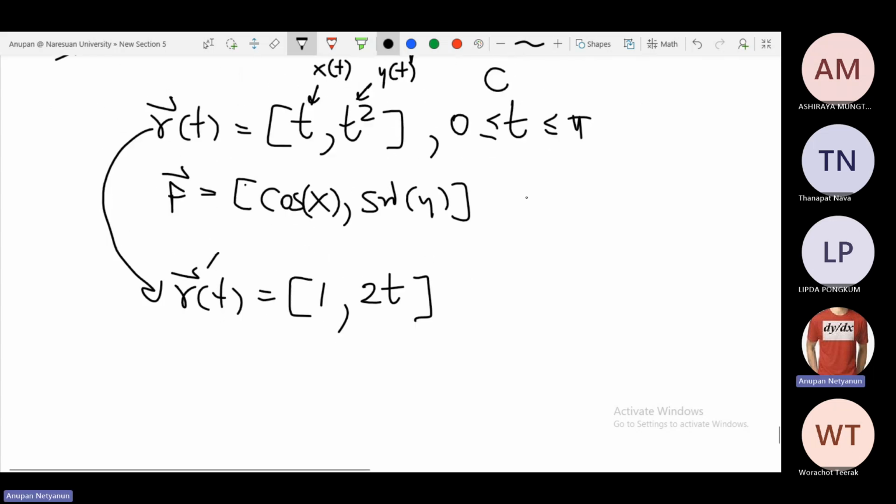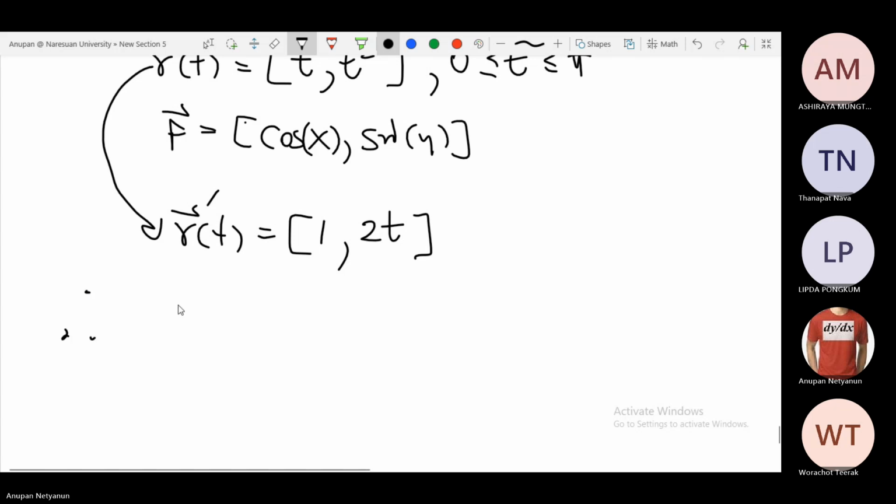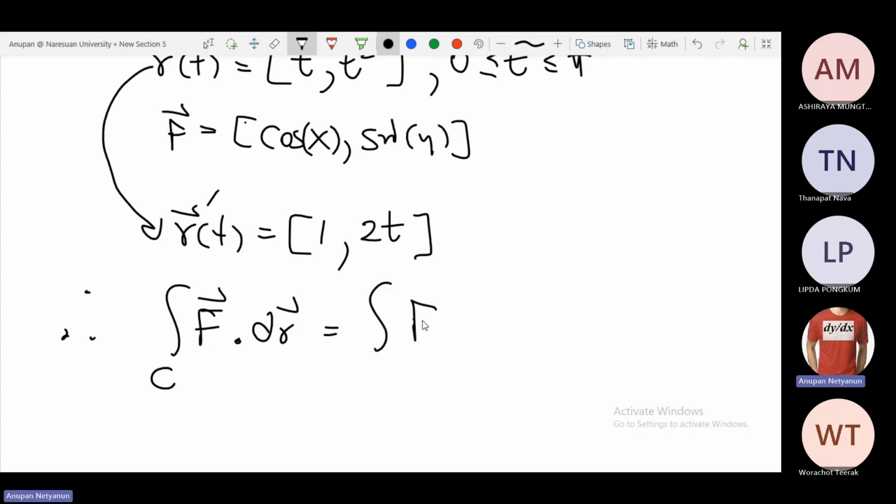Okay. So the integral on the curve C of F dot dr, we change it into F, now depending on x(t), y(t), dot dr by dt, right?